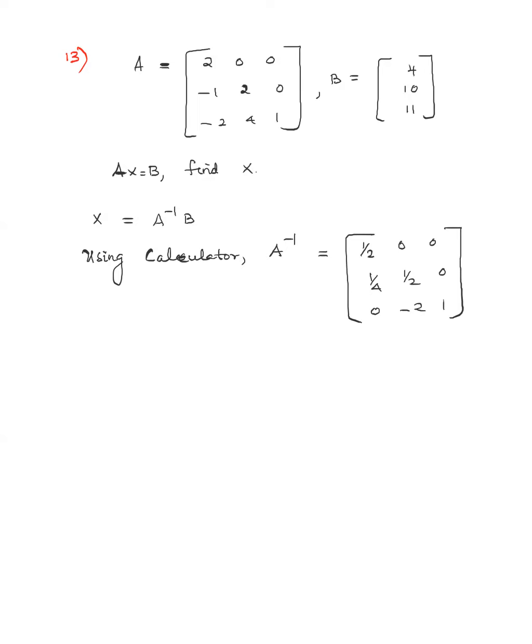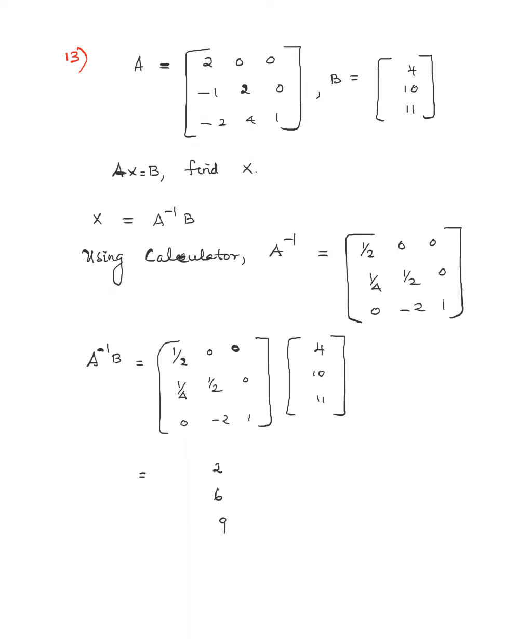So now multiply A inverse times B, which is 4, 10, 11. Again, use your calculator here as well. So we get 2, 6, negative 9.